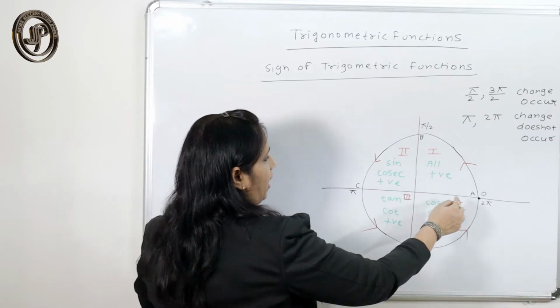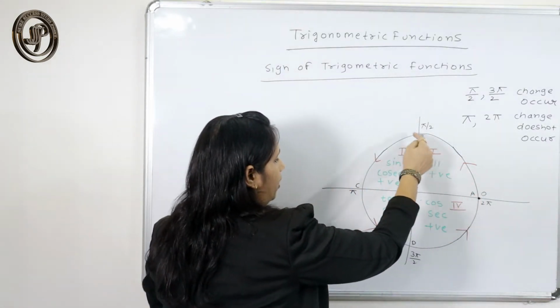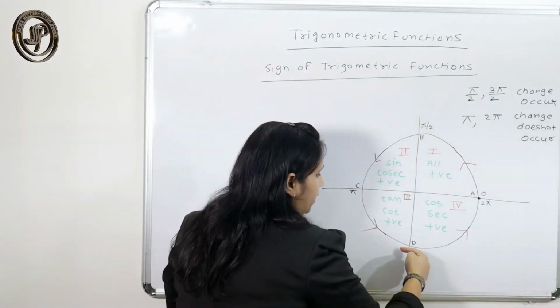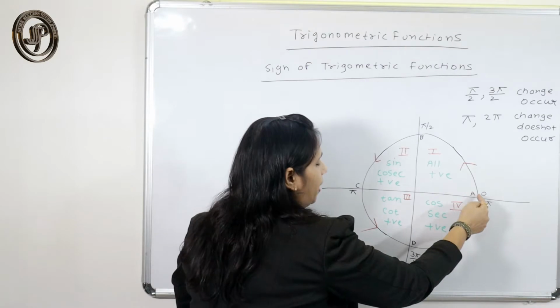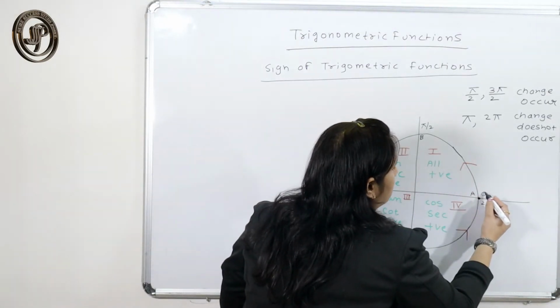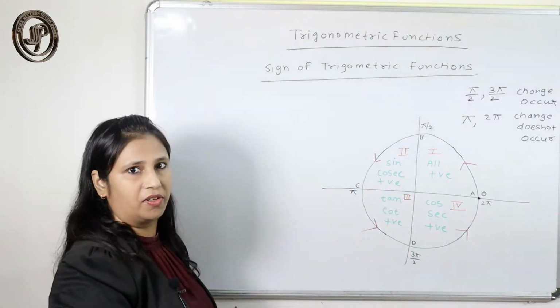This way, from A to point B, I make 90 degrees. From A to point C, I make 180 degrees. From A to point D, I make 270 degrees. And from A to point A again, I make 360 degrees. So your 0 radian or 0 degree and 2 pi radian always coincide.